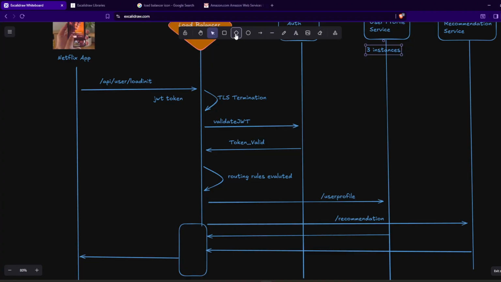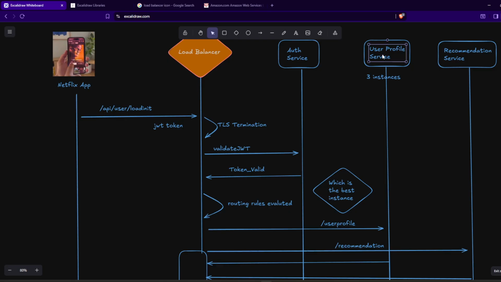That is one of the decision points it takes, which is the best instance I can forward it to. Based on that, we forward it to the user profile or the recommendation service based on all these details.